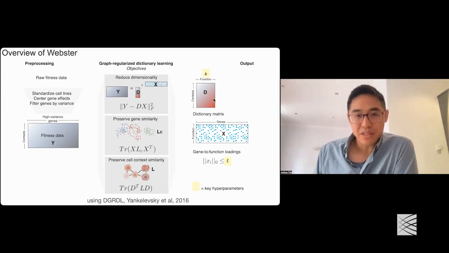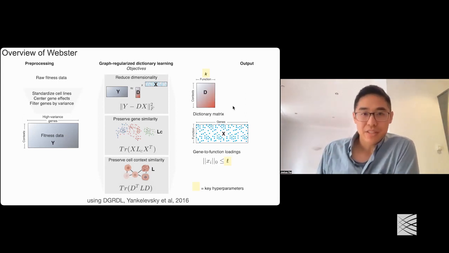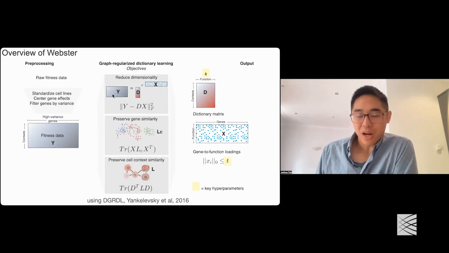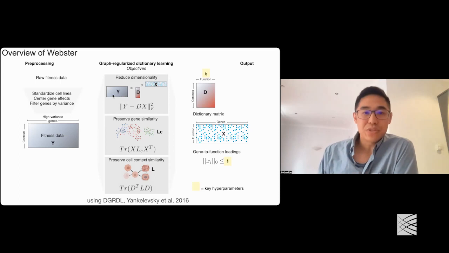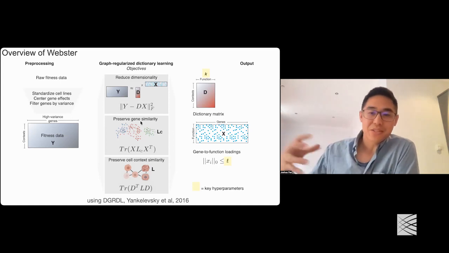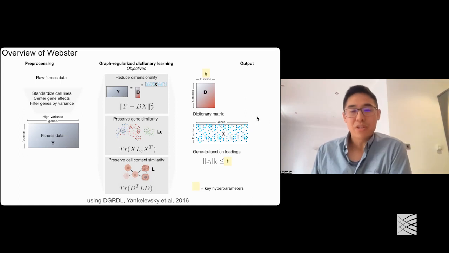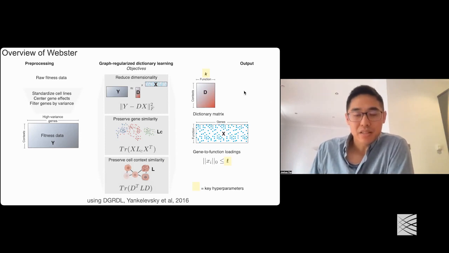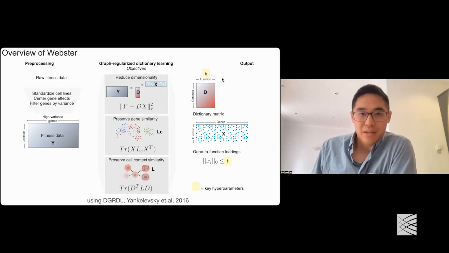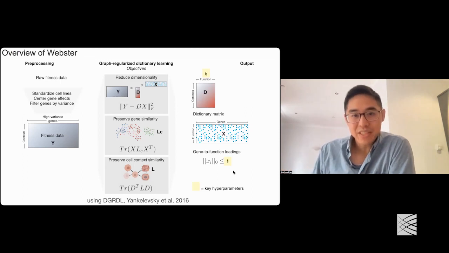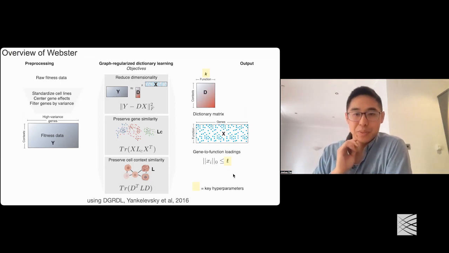You produce these low rank approximations such that D and X multiplied together approximate Y. Then you do your best to obey these correlation constraints across rows and columns in your original data. When performing this task, there are a few hyperparameters that you are careful about tuning. One is K, the number of functions you're trying to learn, and T, the degree of sparsity that you're assuming exists in your system.